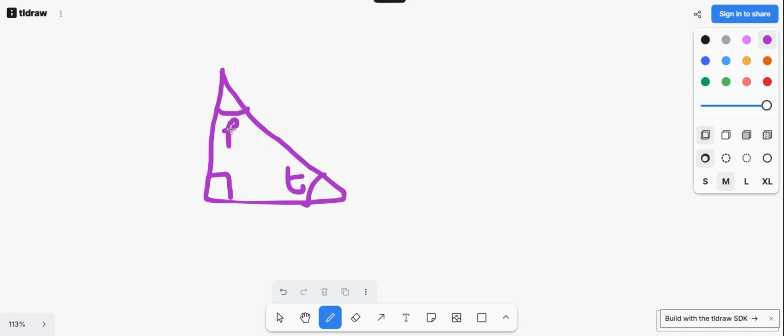And if the question says that sine of p is cosine of t, you have to remember that both of these angles should add up to 90 degrees. That's what it says. That's it.